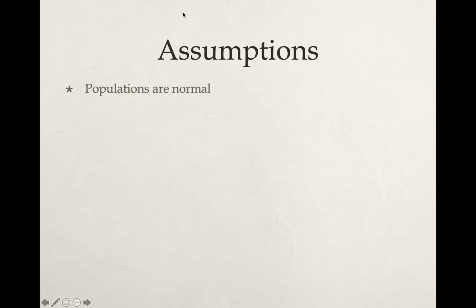It's a little tricky testing for normality of a sample because samples do not have to be normal to come from normal populations. So next week, when we get into regression and start talking about residuals, we will talk about how we can test those residuals for normality.